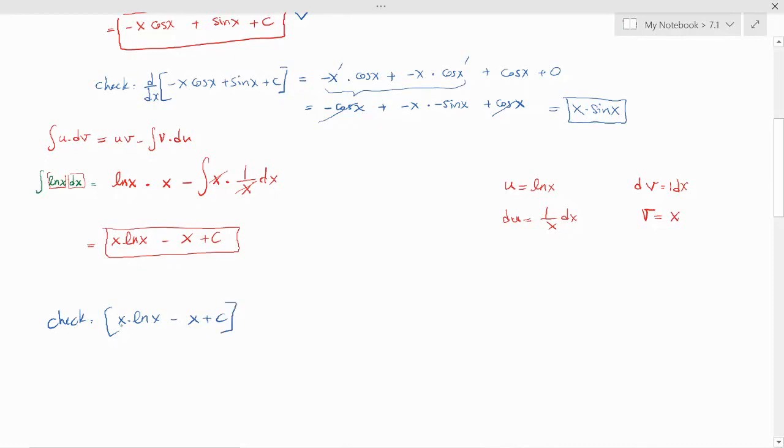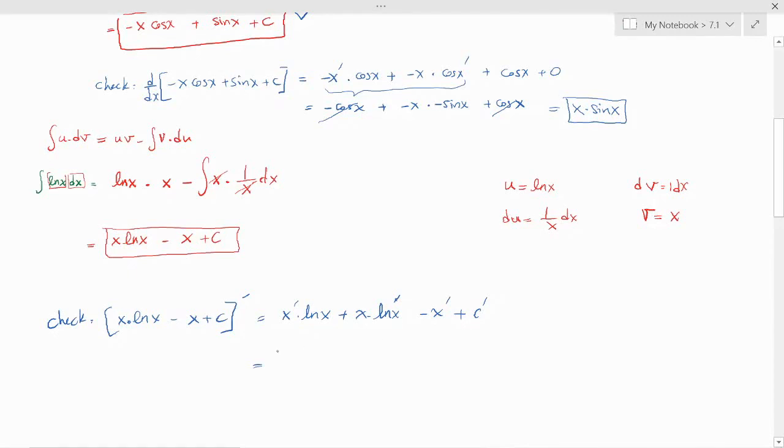And you notice that every time you check this integration by parts, you always have the product rule involved, because you have two functions. The derivative of x times ln x would be the derivative of x times ln x plus x times the derivative of ln x. And on the other side, you have minus the derivative of x plus the derivative of c.